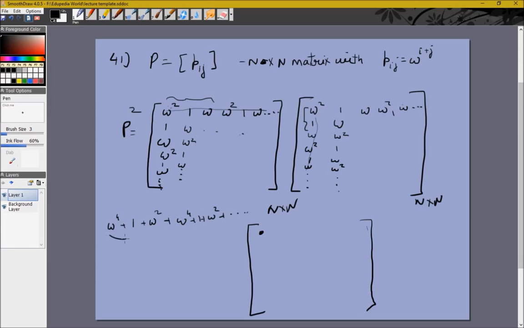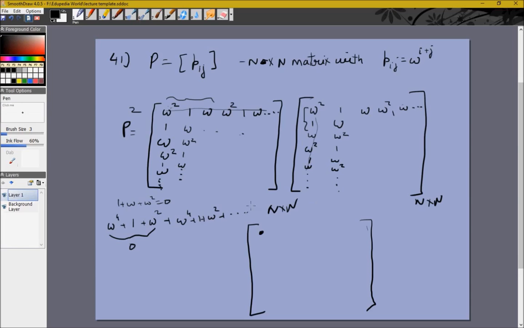But what is this triplet? This is equal to 0 because omega to the power 4 is the same as omega, and 1 plus omega plus omega squared is 0. This is a property of the three cube roots of unity. Right. So this is equal to 0, and let's say there are 10 terms. Then 9 of those terms will form triplets and the 10th term will be the single term that is left.